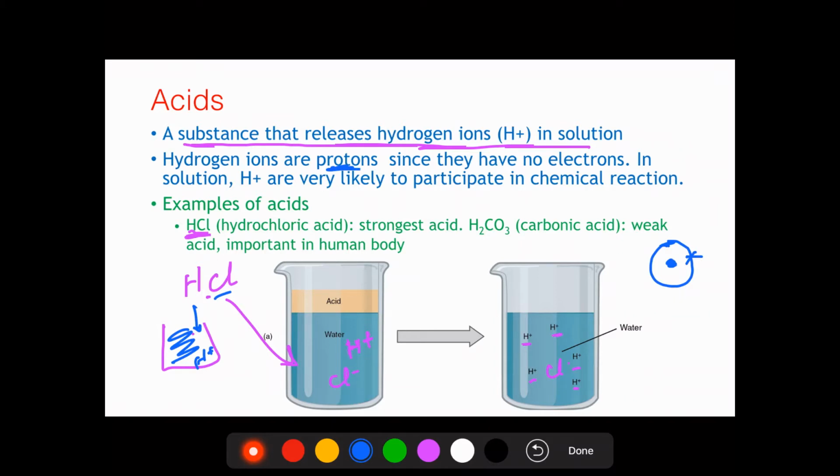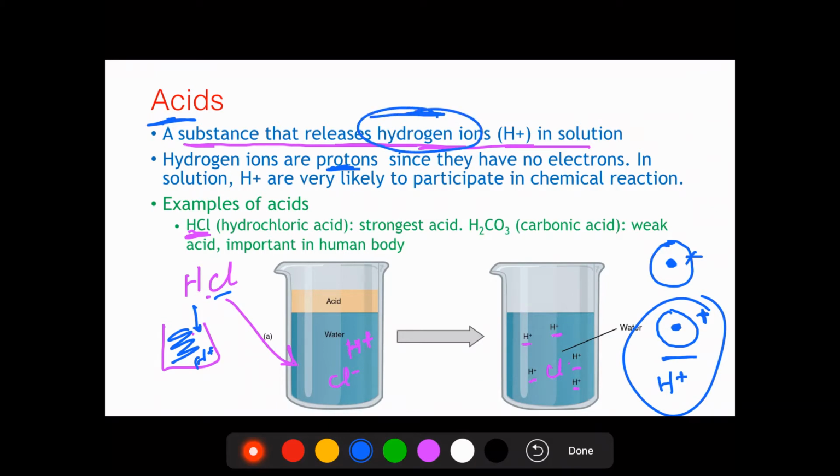So when it loses its electron, like in the case of HCl, what it remains with is a proton, and the proton will display a positive charge. So proton or hydrogen ion is basically the same thing. In case I'm saying proton or hydrogen ion, don't get confused. So basically, acid is any substance that will release hydrogen ions or protons into a solution.